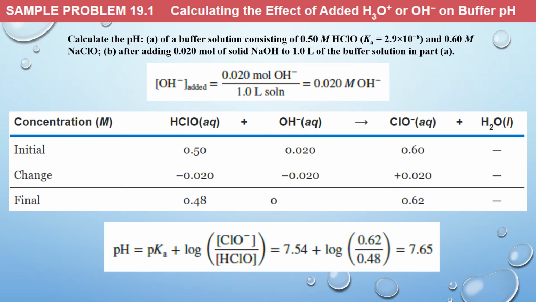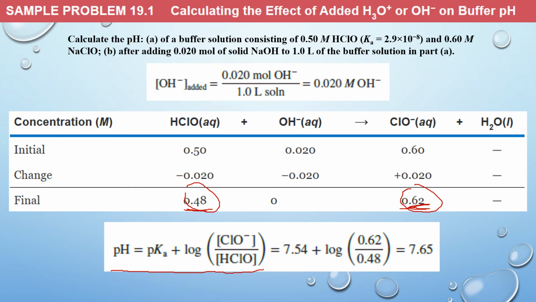So if we look at the same problem we did earlier, for part B, after we add 0.02 molar hydroxide, we have the concentration of the acid and the base. So other than using the ICE table, we can apply this equation directly. So this is pH equal to pKa plus log base over acid.